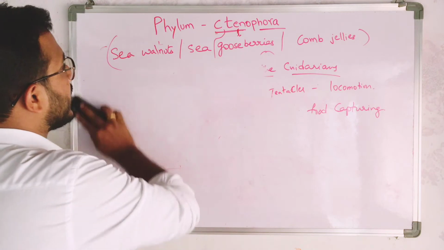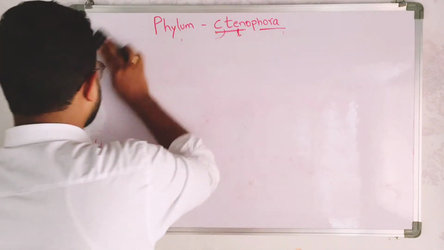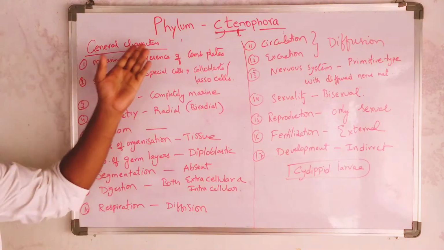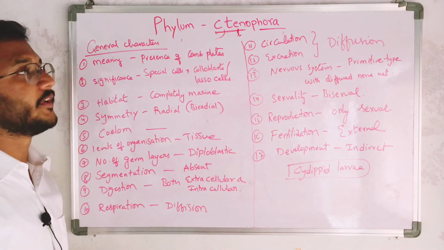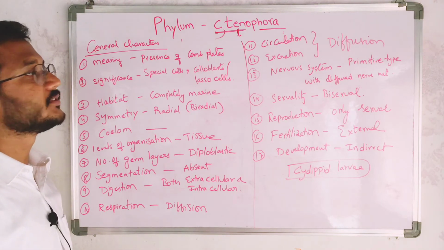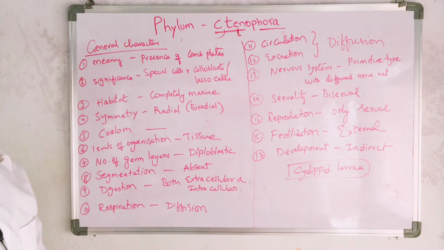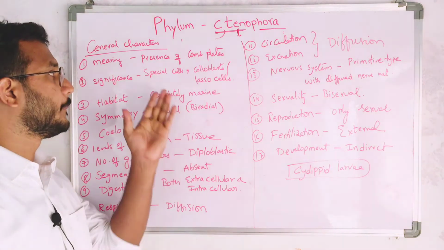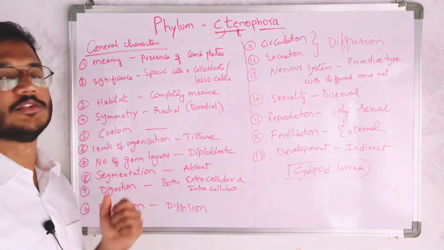Now we will discuss the general characters. What is the meaning of the name Ctenophora? That means presence of comb plates. And what is the significance? The significance of the animals in this phylum is the presence of specialized cells known as colloblasts or lasso cells.